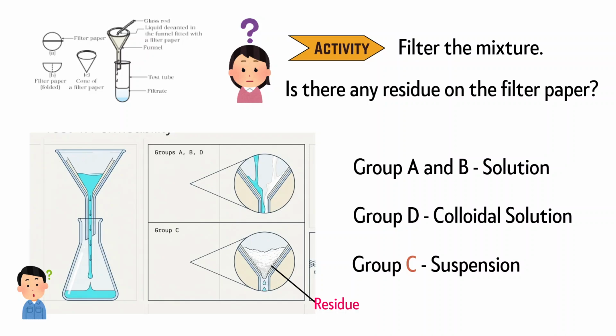Is there any residue on the filter paper? There is a residue on the filter paper of group C. So group A, B and D have got a solution, while group C has got a suspension.